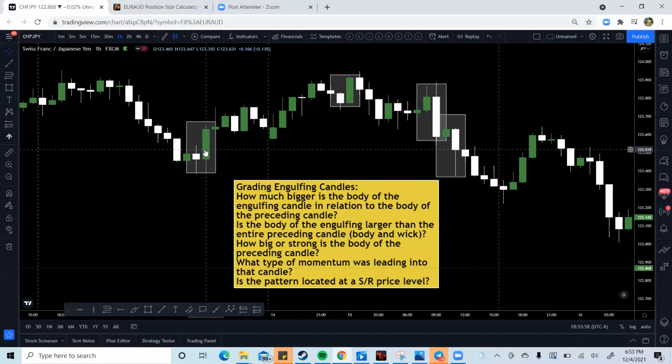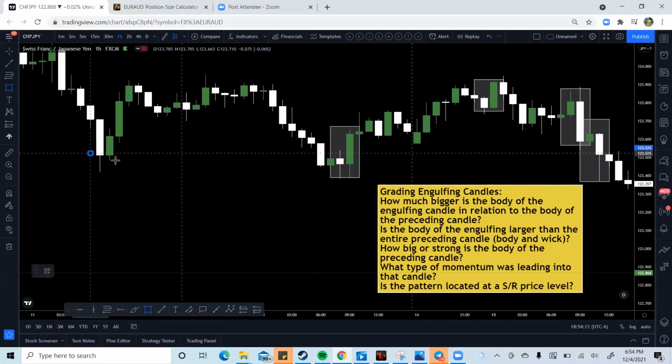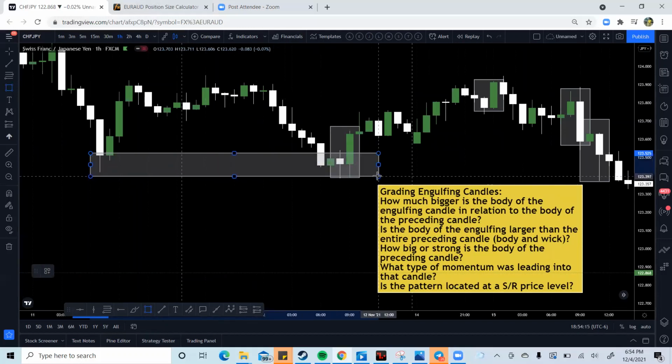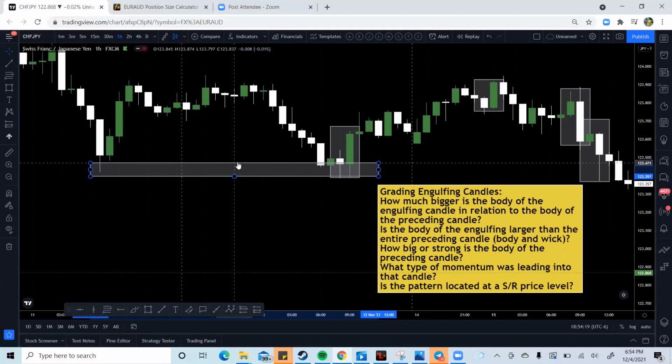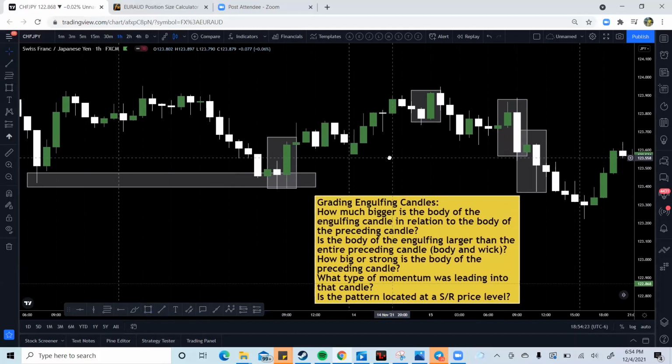The first candlestick, like I said, there's a doji leading into it. We kind of graded it already. It was located at a support resistance level, not a very defined one. But if we were to do this here, that was a support level because it was tested before. If you don't know what support is, don't worry, we'll get into it in a very soon video.